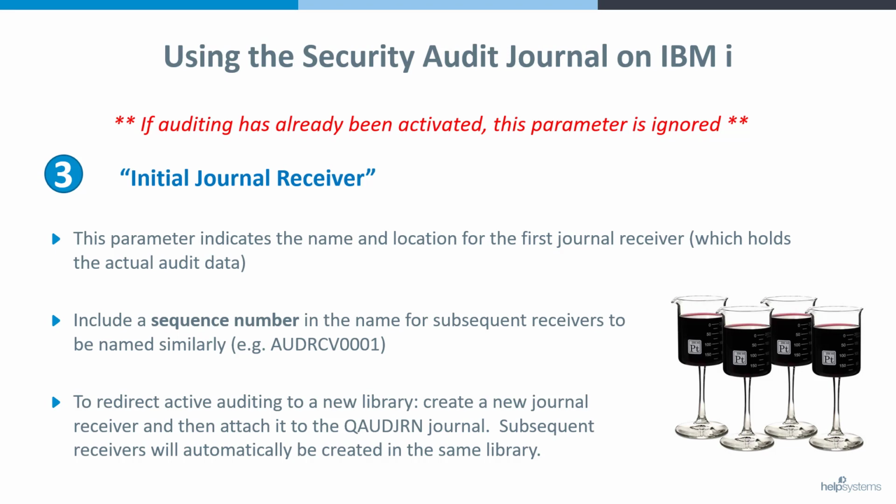Then you will attach it to the QAudJourn, the actual journal itself. And from that point on, the operating system will take care of any subsequent receivers. So in essence, what we're doing is just forcing a changeover to a new receiver, with the new receiver being in our naming convention, in our new library, and the operating system will take care of everything else from that point on.